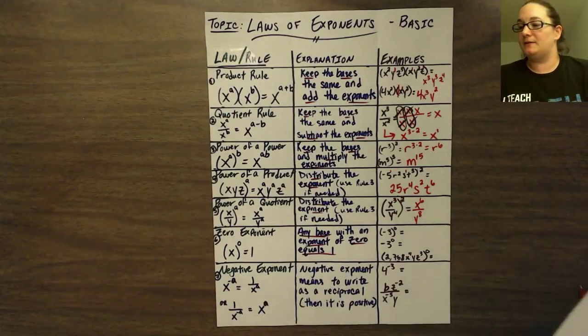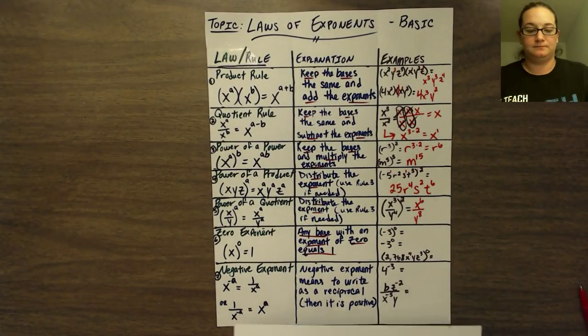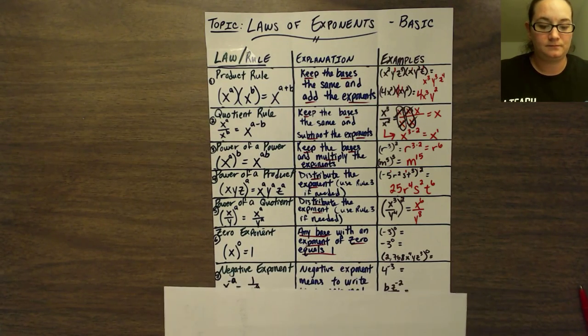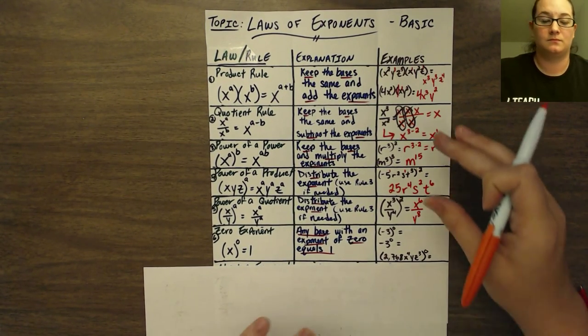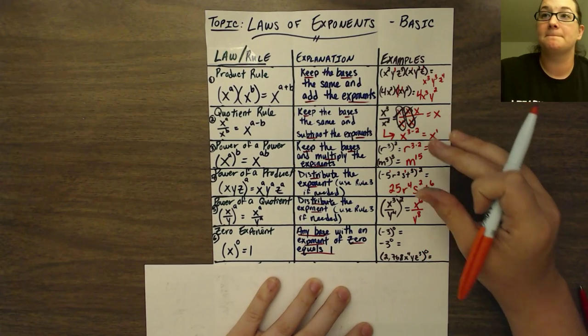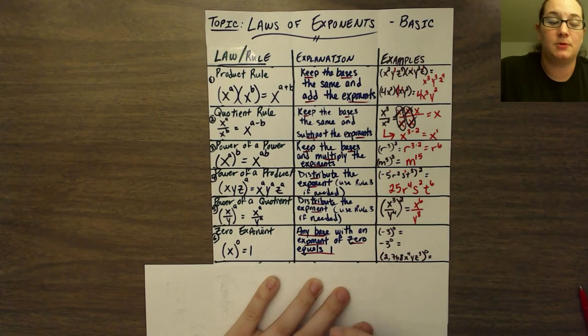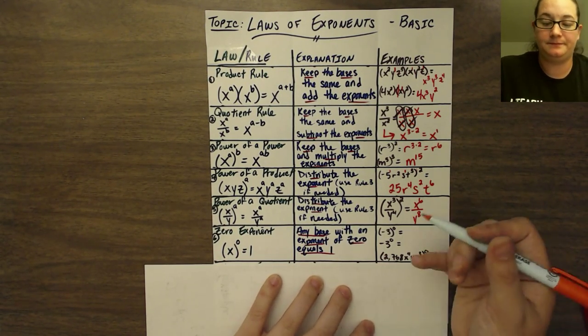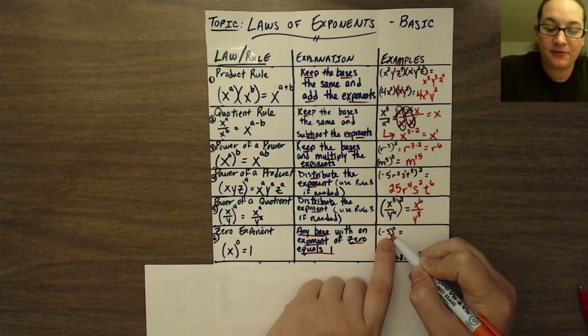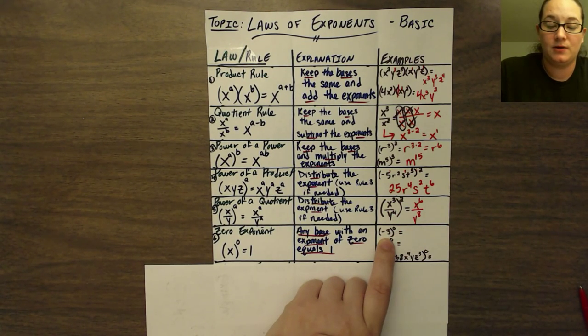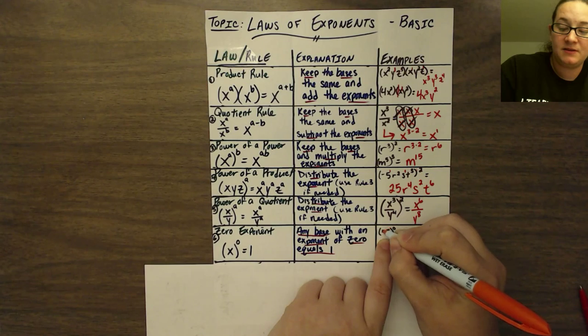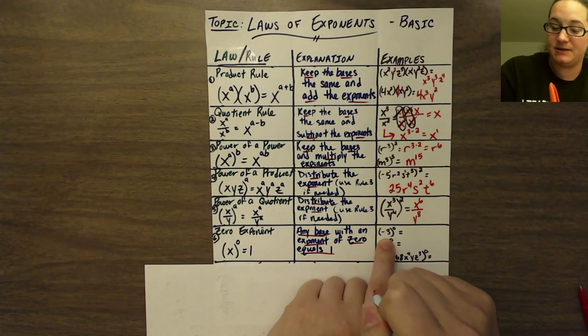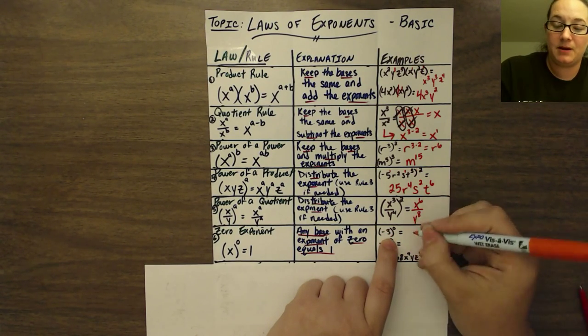So if I come back, this 0 exponent rule that we just discussed, if I have a negative 3 to the 0 power, all of this, the negative and the 3, is inside the parentheses, so all of that becomes 1.